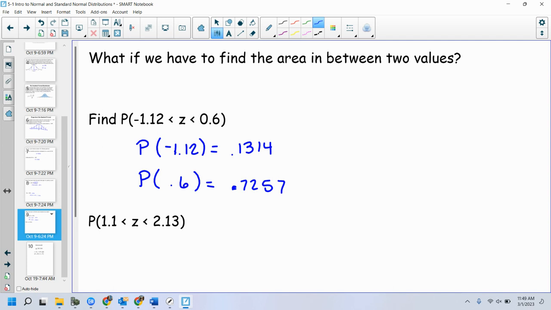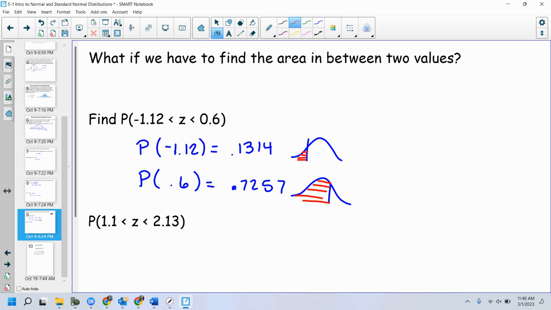Now understand what I'm looking at here. This is going to be this area, right? This is going to be this area. What do I want to do to those numbers? Subtract them.